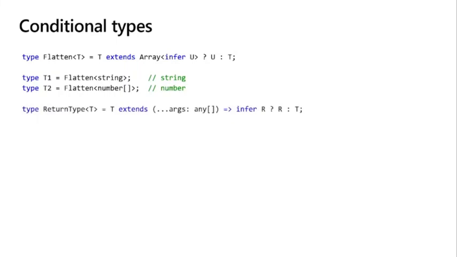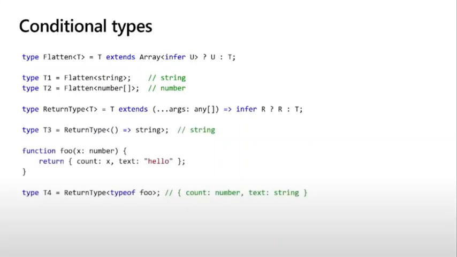And this turns out to be very useful for creating a very wanted type operator called ReturnType. Say I have some function type, I want now to get the return type of that function type. Well, you can create a conditional type that reaches in and gives you that. It's useful, like, let's say I have written some function that returns some complicated object literal.